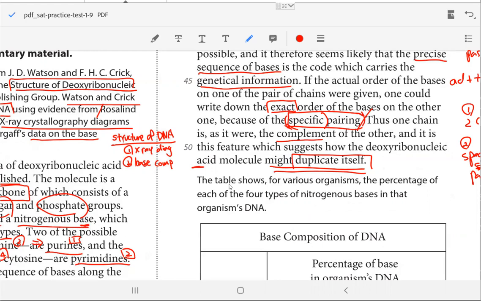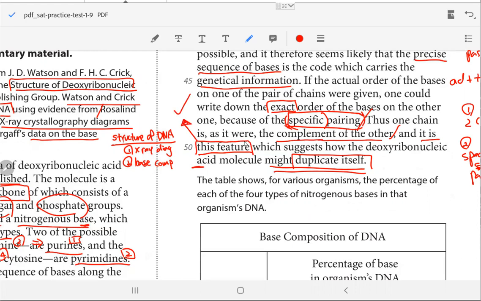And it is this feature, 자, 그러니까 이렇게 돼서 complement를 하니까, complement of each other가 되는 이유가 여기서부터 exact order of the base on the other one because of the specific pairing. So, thus, it complements each other, right? 그래서, and it is this feature, so exact order, specific pairing that makes complementary to each other. Okay, so making complementary to each other is the feature that they're talking about.